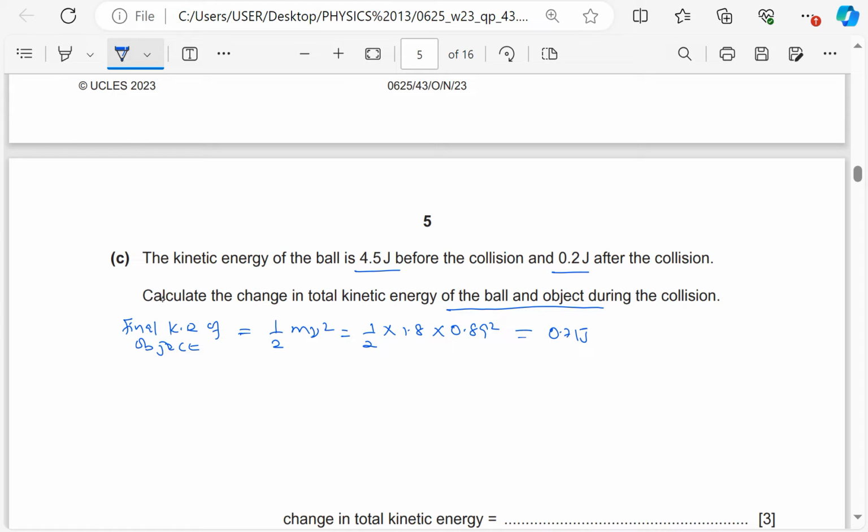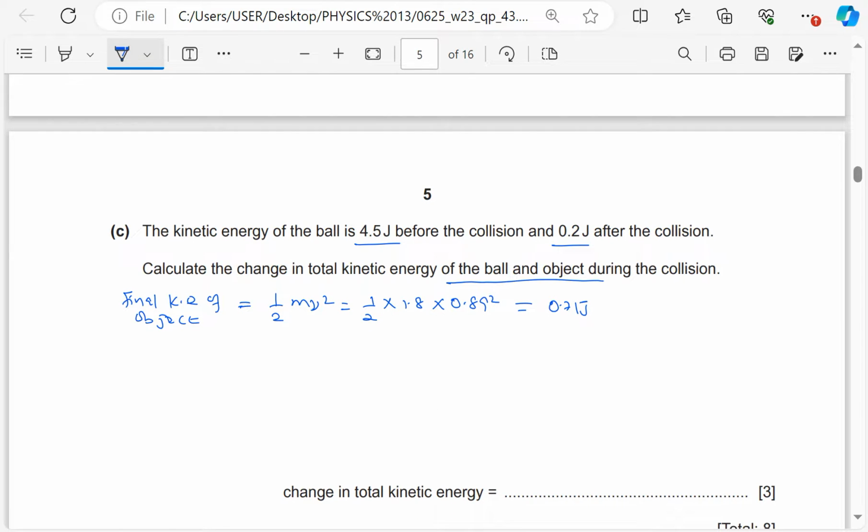The kinetic energy of the ball before the collision is 4.5, and after the collision it is 0.2. We want to find the change in total kinetic energy. So total initial kinetic energy was 4.5 joules plus 0, which is 4.5 because the object was at rest.